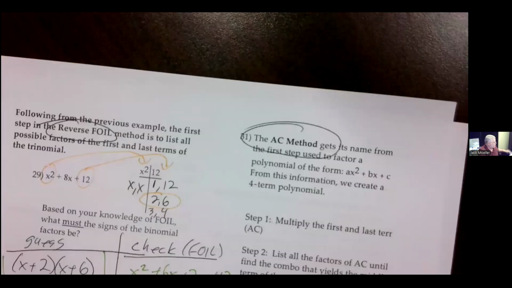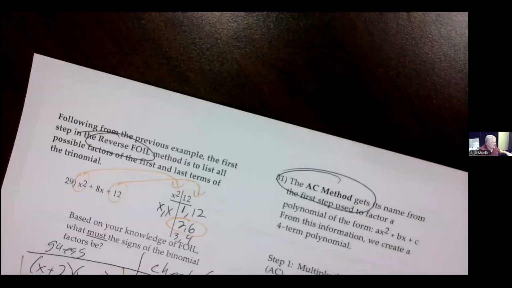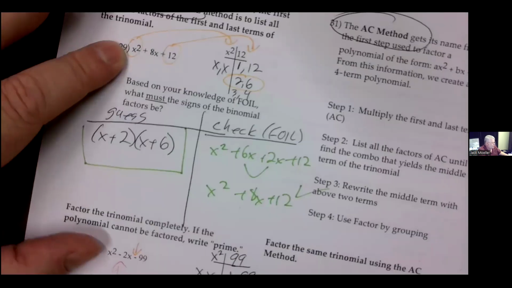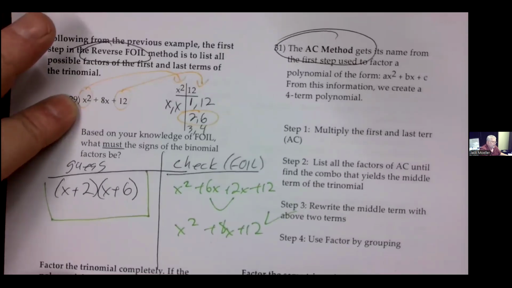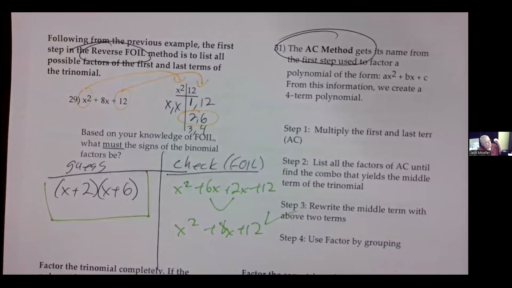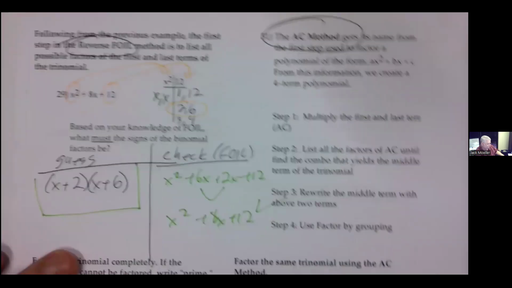All right, so let's talk about the AC method. It's an alternative method that is, to me, definitely better for dealing with this. I think the AC method is a little overkill if there's a 1 in front of the x squared, because then you're just asking what multiplies to give me this and adds to give me this. But for a lot of people, doing the same method every single time works best for them. And so more power to you if you like the AC method.